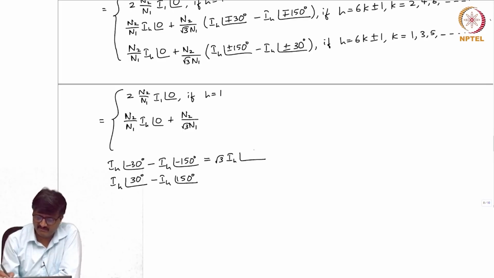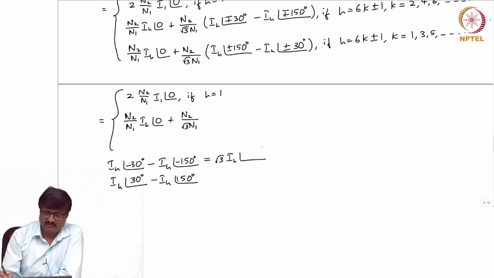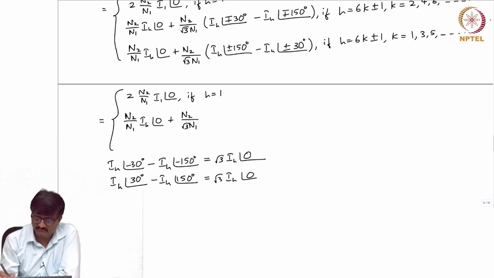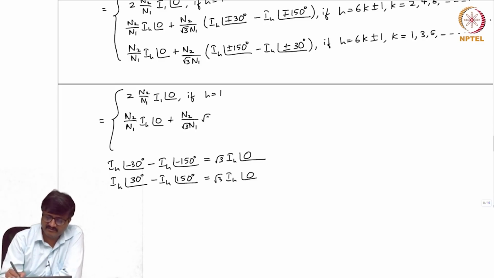Root 3 IH at minus 30 minus 0, 0. Then what about this case? Root 3 IH at 0. So, whether it is the top sign or the bottom sign, what I get is root 3 IH at an angle 0.